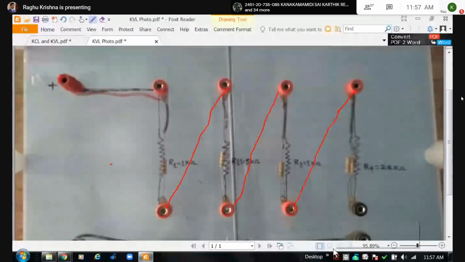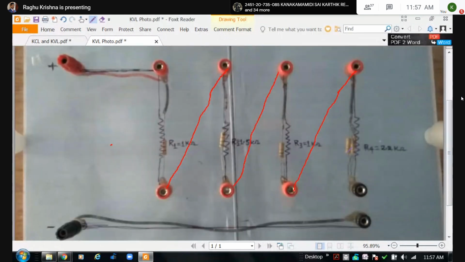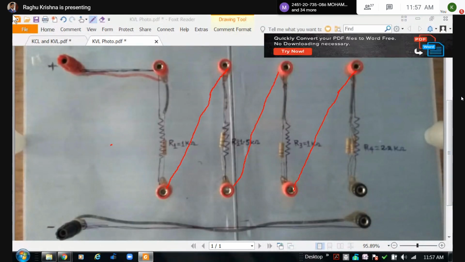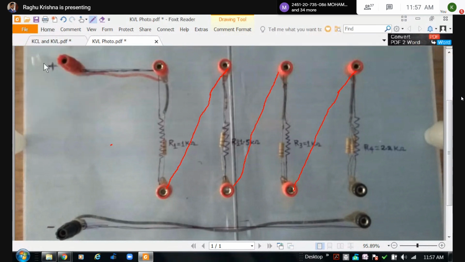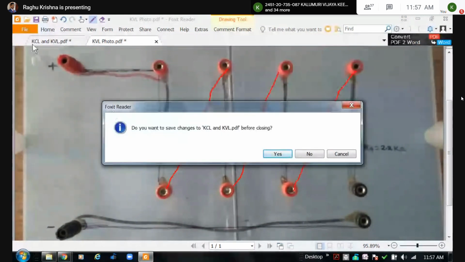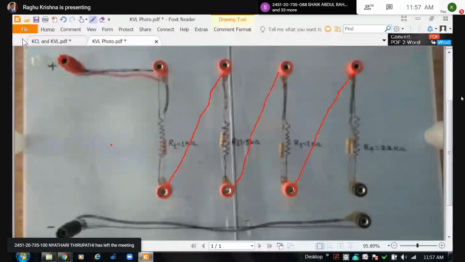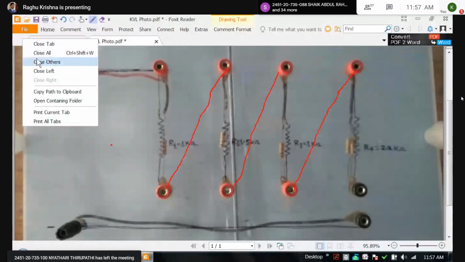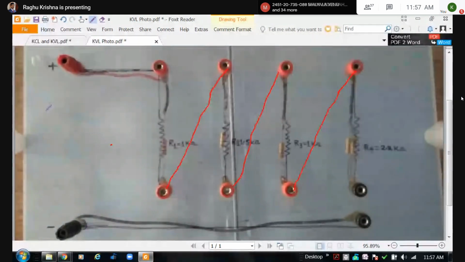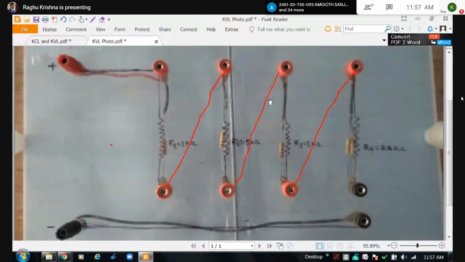Next, coming to R4. R4 must be connected to the negative terminal.